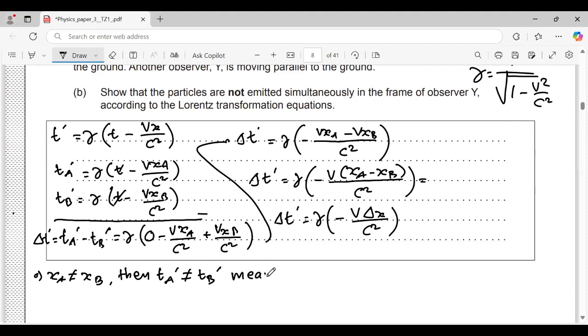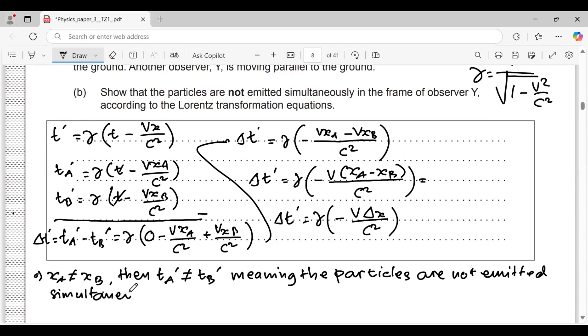It means the particles are not emitted simultaneously in the frame of Y. I forgot to add this information; I was supposed to type it first. So the particles are not emitted simultaneously in the frame of Y.